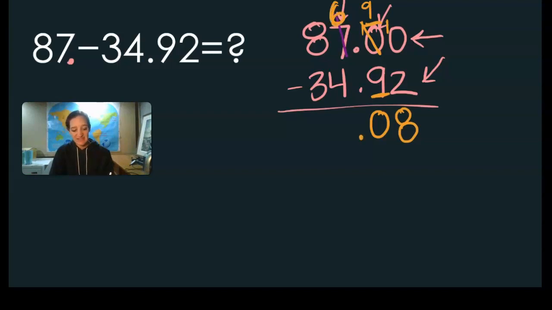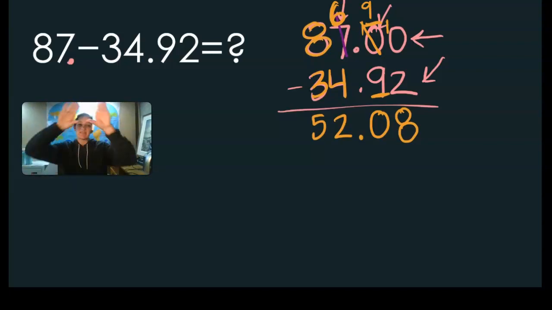And then 6 minus 4 is $2. 8 minus 3 is 5. So I get 52 and 8 hundredths. Or if you want to think money, $52 and 8 cents. So again, with that subtraction, line up those decimals and make sure you regroup so you have enough in your top number, first number, to then subtract from the bottom.